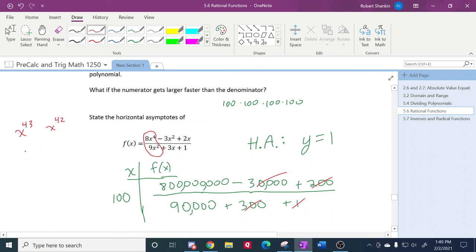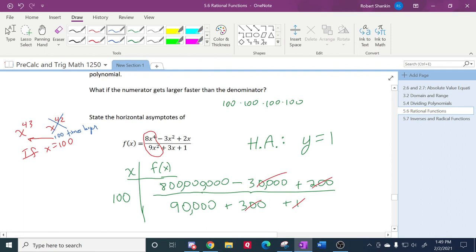If x is equal to 100, these two both look giant, but this one will be 100 times larger, because it has an extra 100 in it. And so this one becomes kind of insignificant if you were comparing their ratios.